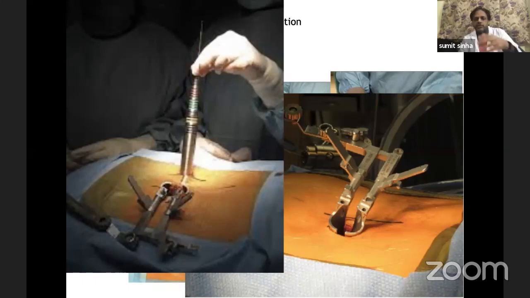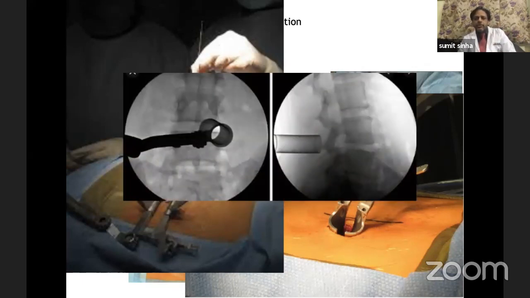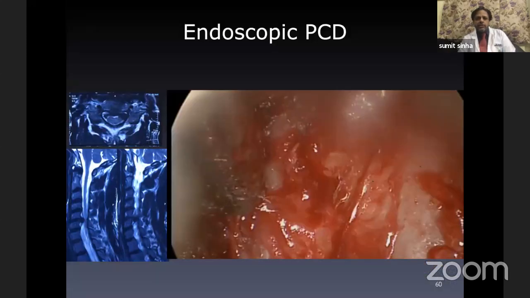The placement of this tubular retractor system has to be absolutely accurate, and it has to be guided by X-ray, because you can't afford to be even 1 millimeter off the desired placement. You have to keep on checking the placement of this retractor system on the X-ray, AP and lateral view.